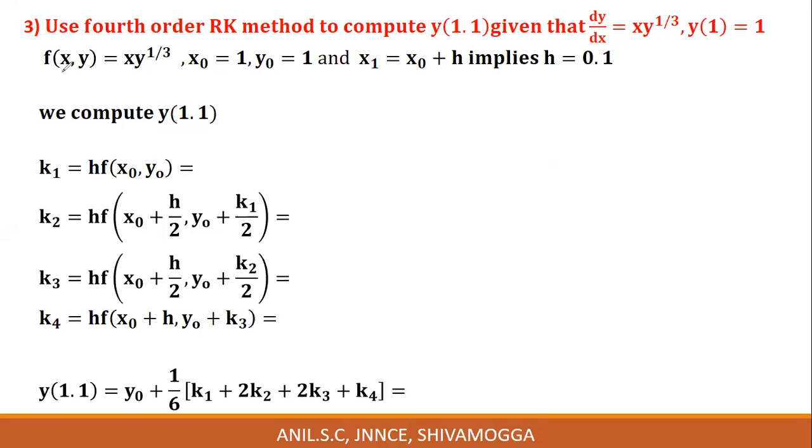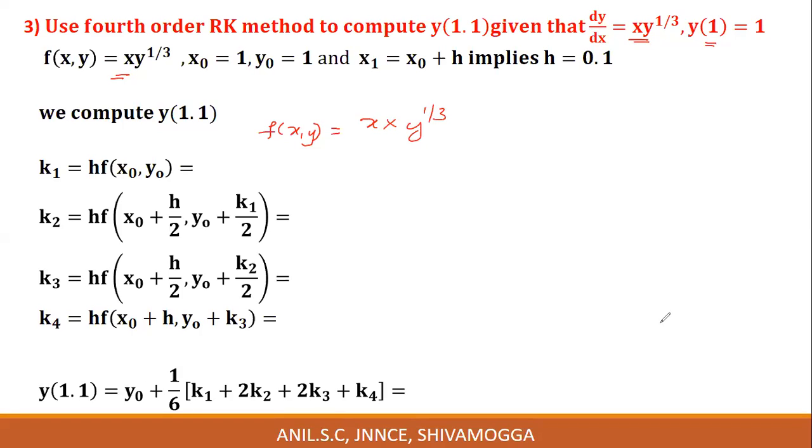Therefore, we can directly take f of x comma y is equal to x into y power 1 by 3, and initial condition x naught is equal to 1, y naught is equal to 1.